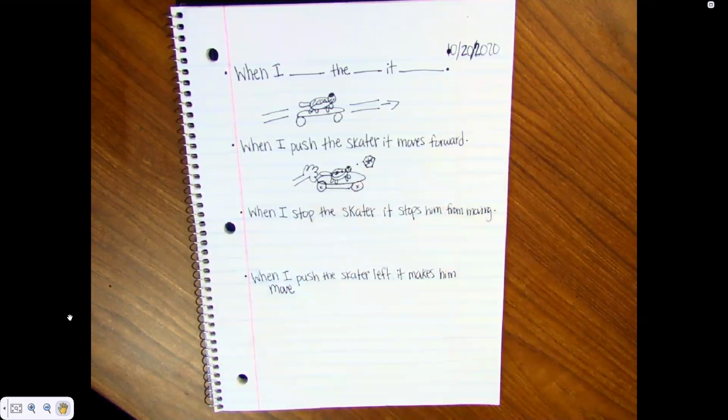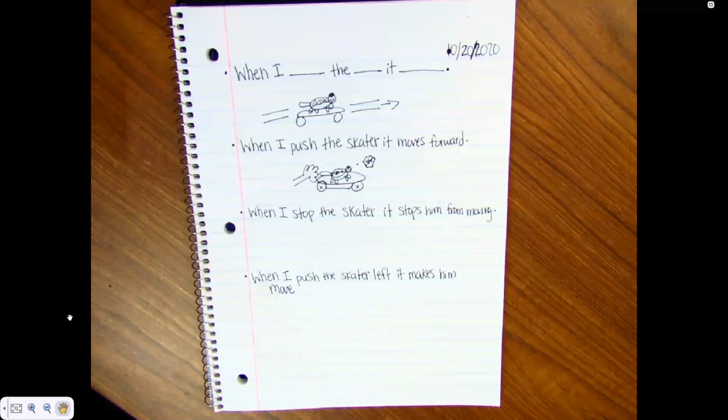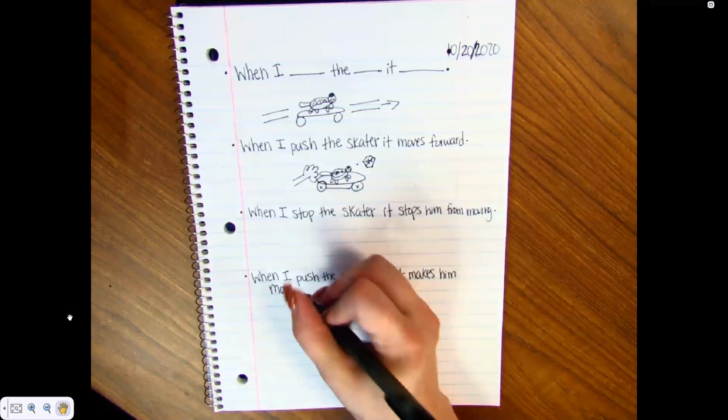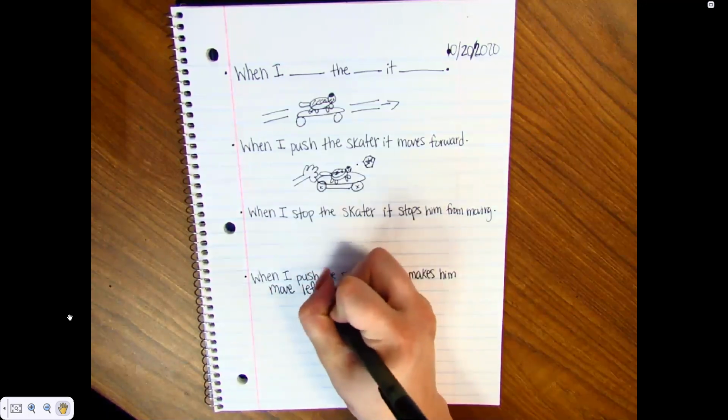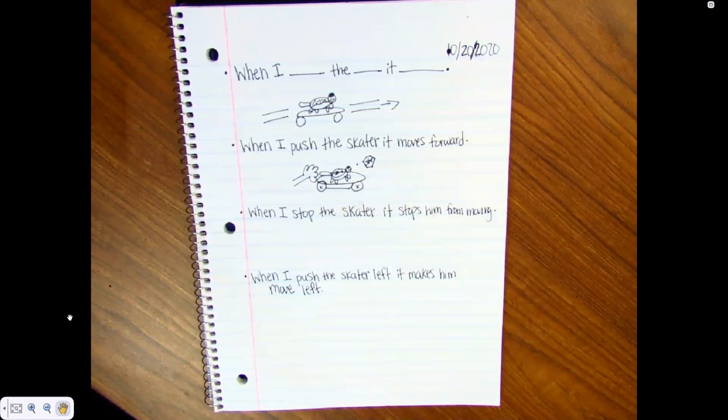If I pushed him left, which direction is he going to go? Anybody? Amira, which direction is he going to go? He will go left, right? If I push him left, he's going to go left.